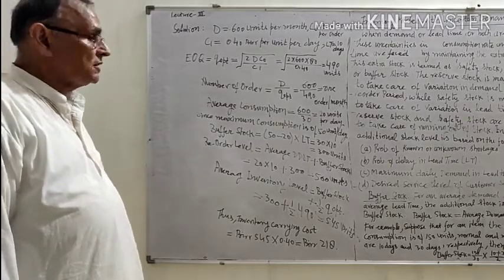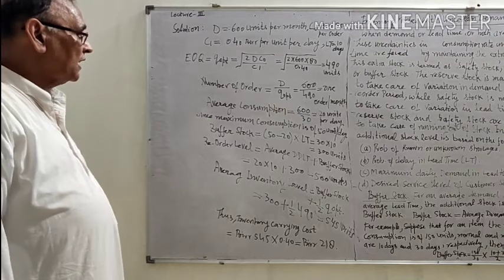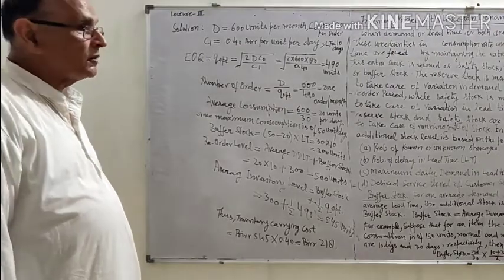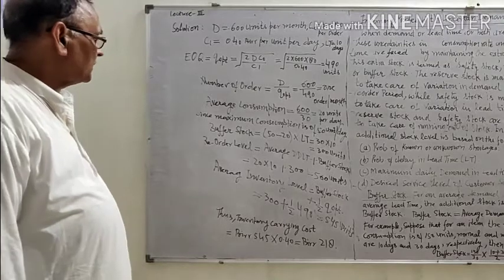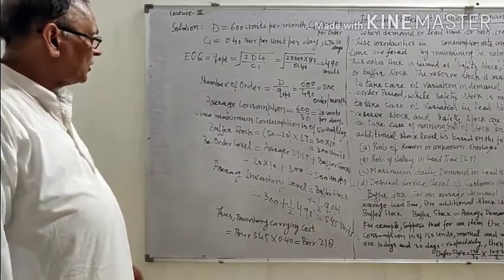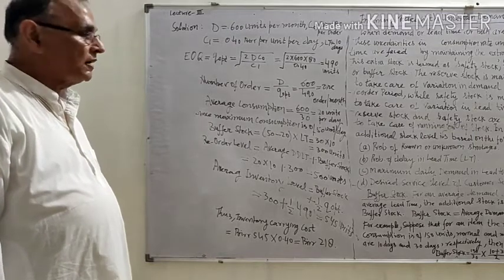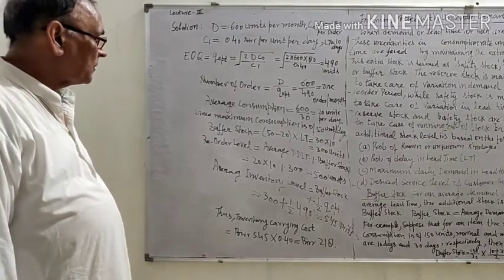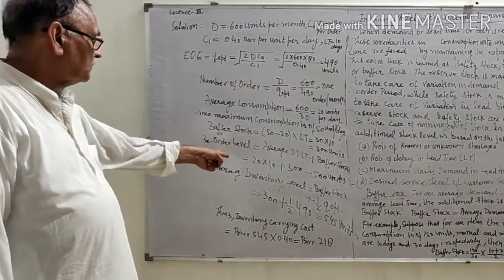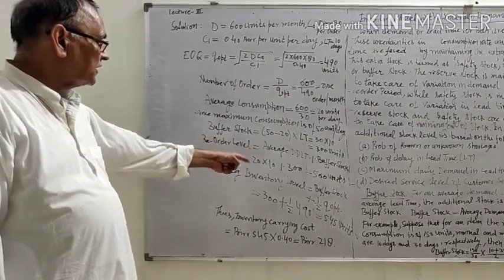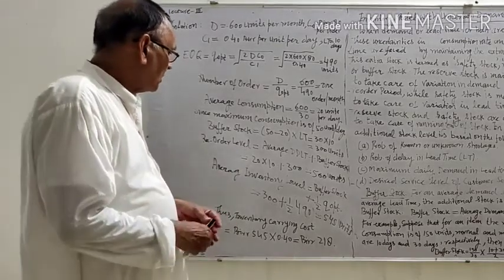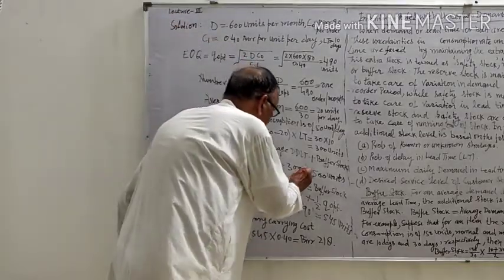So in the inventory policy they are required to keep 300 units in the buffer stock. Reorder level, as per the formula, is average demand during lead time plus buffer stock: 20 into 10 plus 300, which is equal to 500 units.